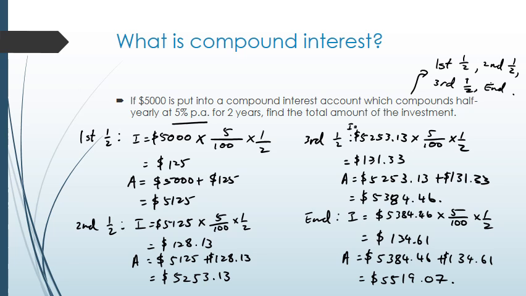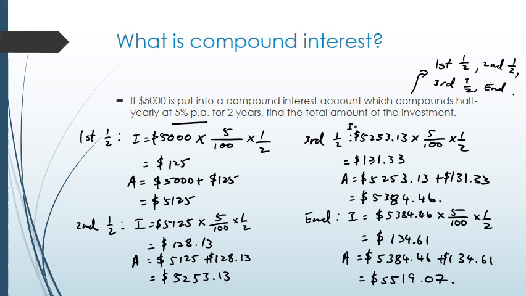Now, I want you to notice two things when we get to the end here. Number one, the interest that you get over time increases as we went. So by the end, you got $519 extra for not doing very much for 2 years. I should probably mention this interest rate is way higher than what you would normally get. But anyway, secondly, you might notice there is a lot of writing when we do it this way.